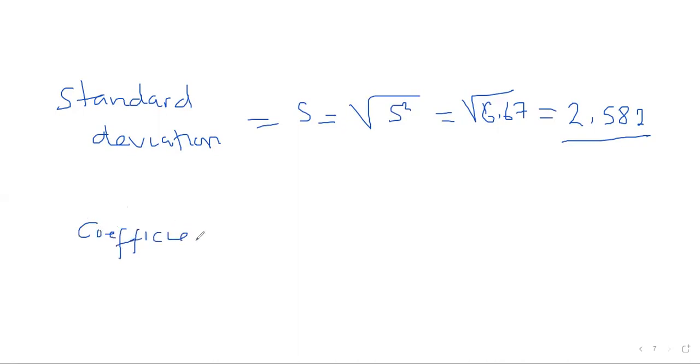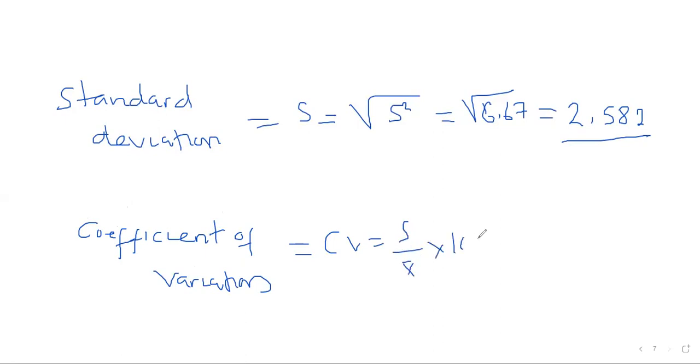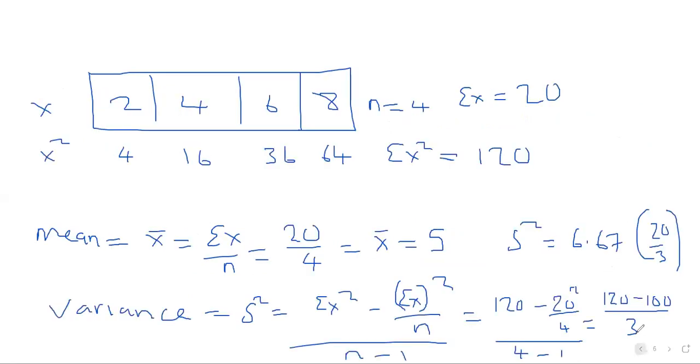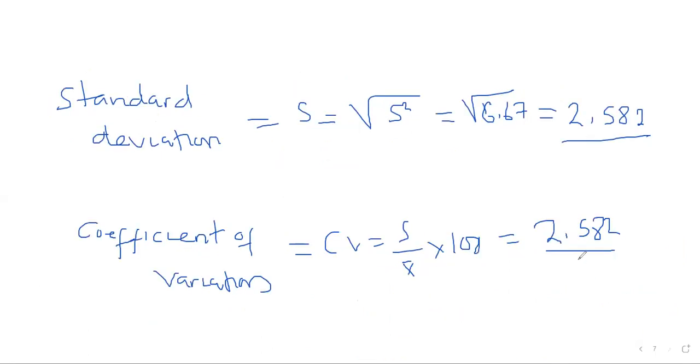And finally, you'll be asked to find the coefficient of variation, which is simply given by the standard deviation over the mean times 100. So 2.582 over the mean. The mean we found as what? 5.